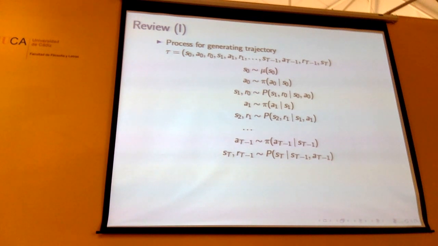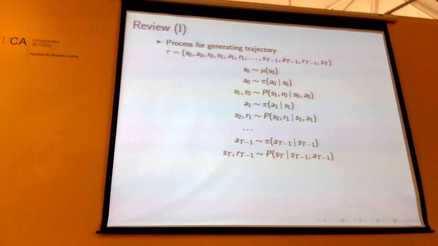So here's just reviewing from yesterday the process that's used to generate a trajectory. And this is just the definition of the episodic reinforcement learning problem. So tau denotes the trajectory, and it's a sequence of states, actions, and rewards. The first state is sampled from this initial state distribution mu. Then the action is sampled from the policy, which gives you a distribution over actions given the state.